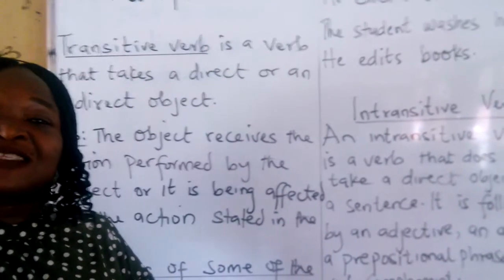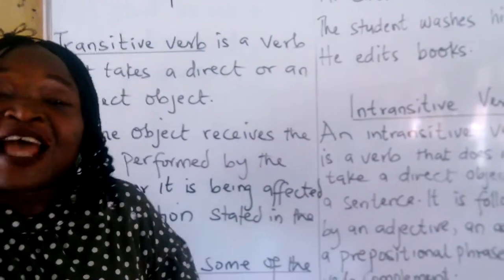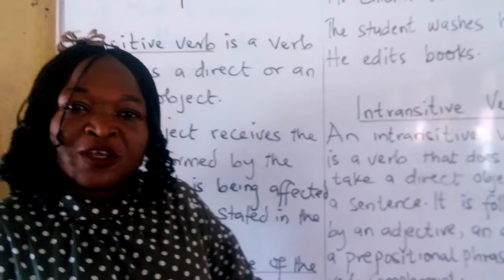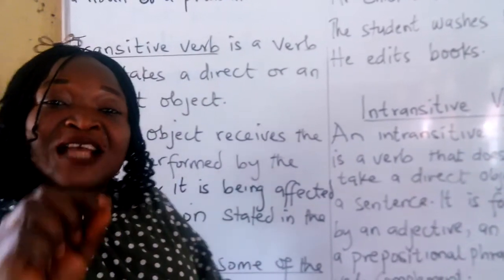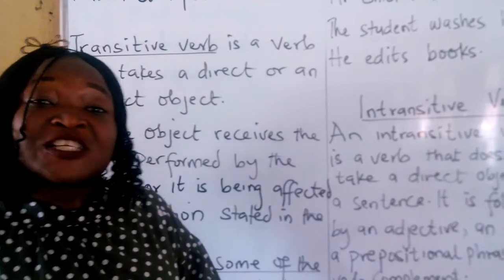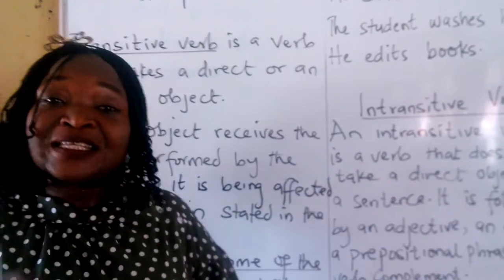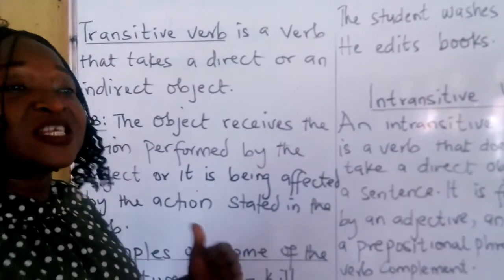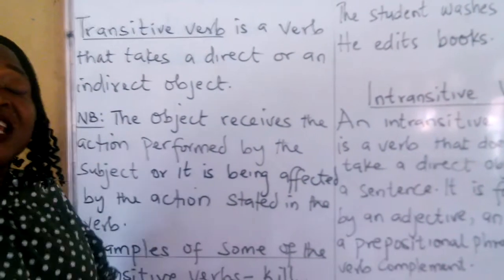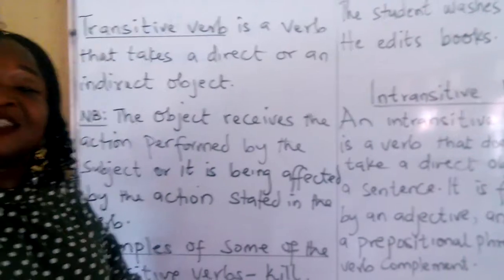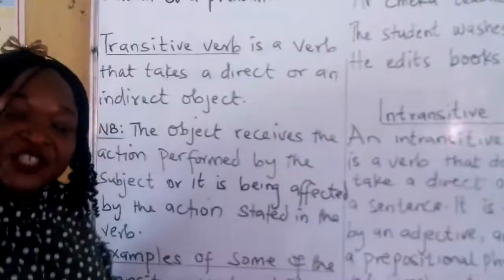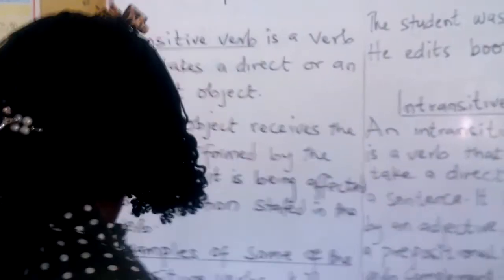An object is that noun that receives the action performed by the subject in the sentence. So it is the object that is being affected by the verb in that sentence. So when an object receives the action from the subject, it means that the action word in that sentence is a transitive verb. That is simply the definition of a transitive verb.